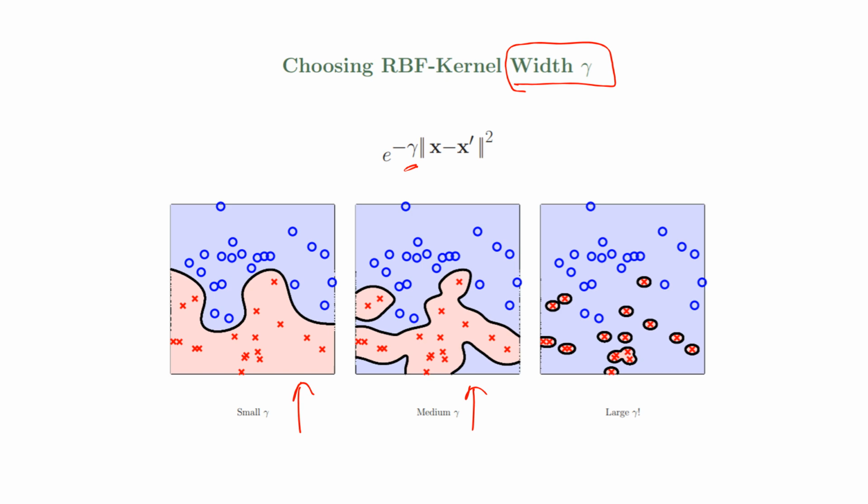So there are regions surrounding each point. And finally, with a very large gamma, which is this here, you can see extreme overfitting in some sense.